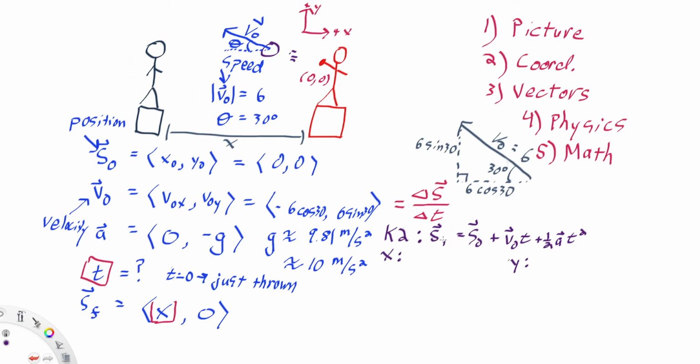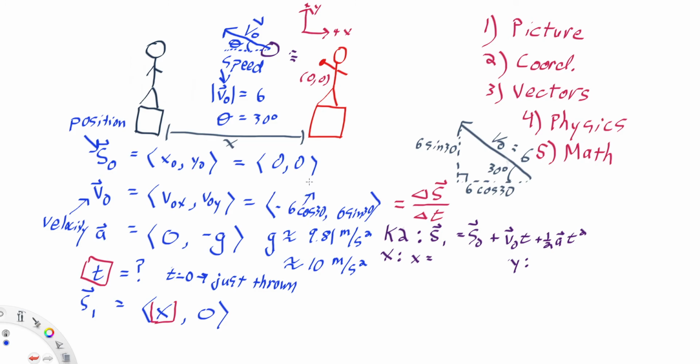So in the x direction, let me make sure all the subscripts match up there. That's a 1. So in the x direction, our position at time 1 is going to be x. And that equals our initial x position, which is 0, plus our initial velocity, which I think someone helpfully calculated as 5.2.